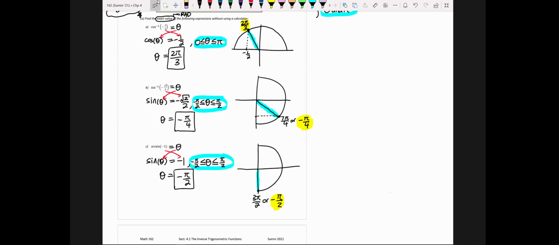Okay. So with these reciprocal inverse functions, when you go from inverse cotan to inverse tan, you're going to reciprocate the inside. So for reciprocal functions, you reciprocate, but for reciprocal inverse functions, you reciprocate the input.